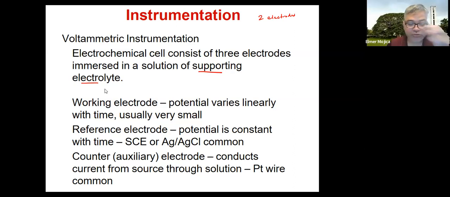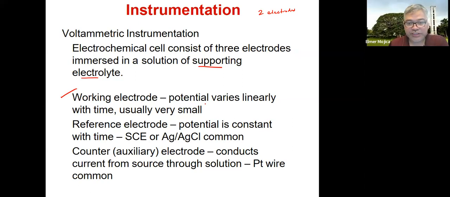So you have the working electrode, where the potential varies linearly with time, usually very small. And then you have the reference electrode, and then the auxiliary electrode. Now the question, in the thesis that was given to you, what is the one that you're studying? Sige nga, mag-scan kayo. Ano yung inaaral nyo doon?